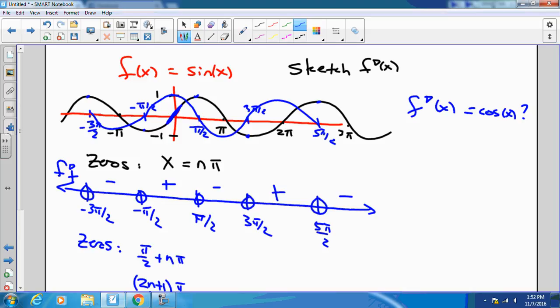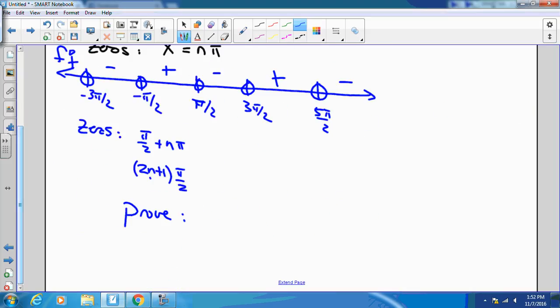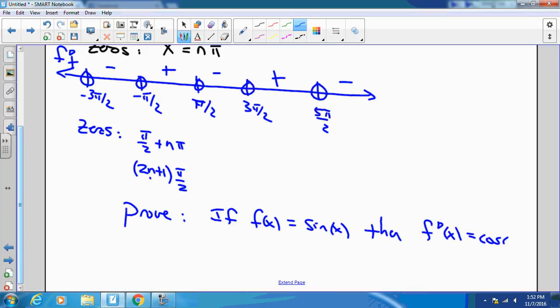You can put it in if-then form if you like. If what, then what? If f of x equals sin of x, and f prime of x is cosine.